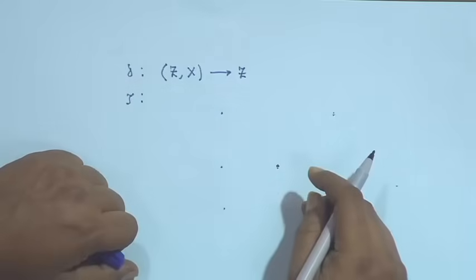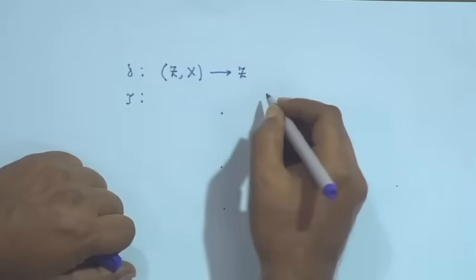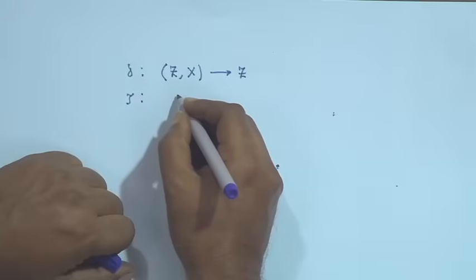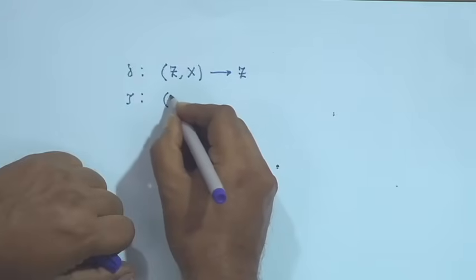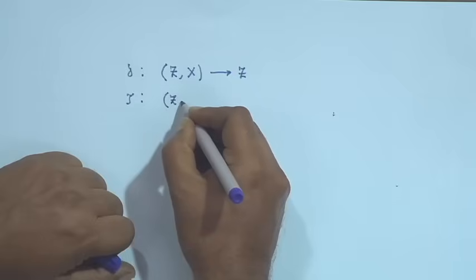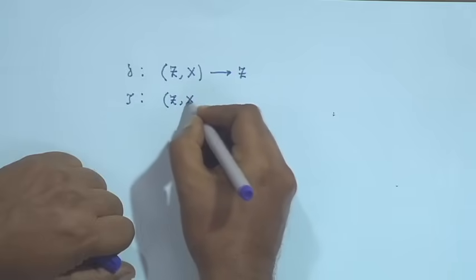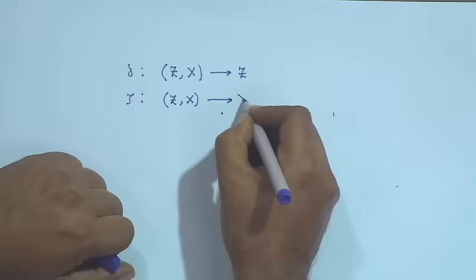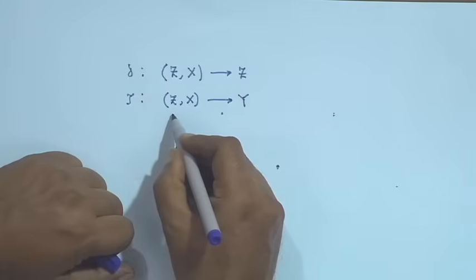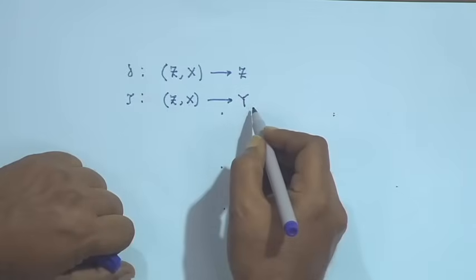The output function is giving us some y, and that y can be based on the state and the input, or purely from the state we can come to y.